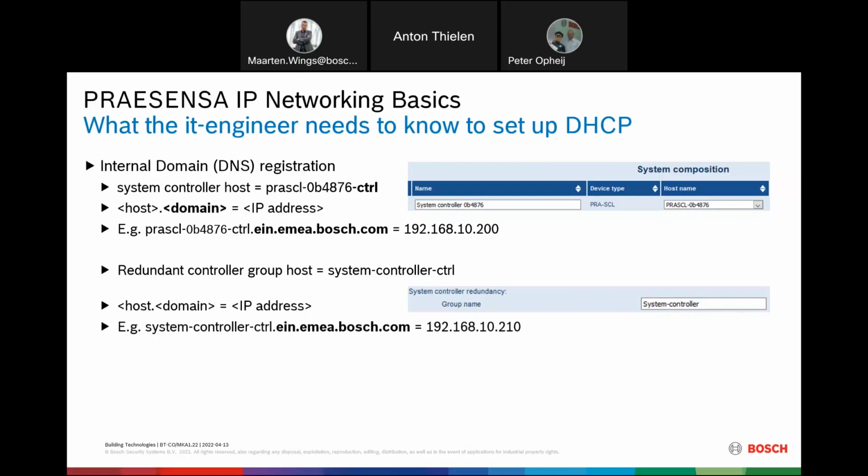In that case, this is the URL to reach that controller: system controller .eind.amea.bosch.com with a particular IP address. Then you always have the group IP and the group name of the controller. You don't need to care about possible subcontrollers like this one or any other which you have assigned to it.